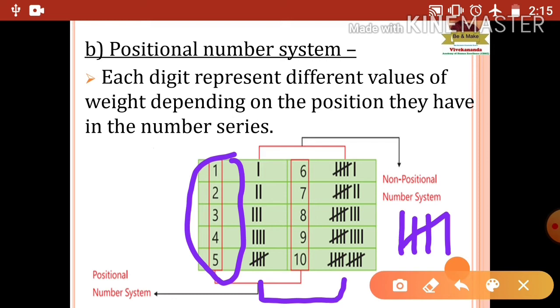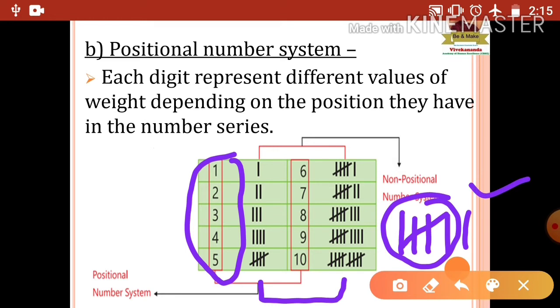So this is called a group of 5. And the number 6 will be represented as 5 plus 1, with 1 extra line over here. So this is a group of 5 and this is 1.